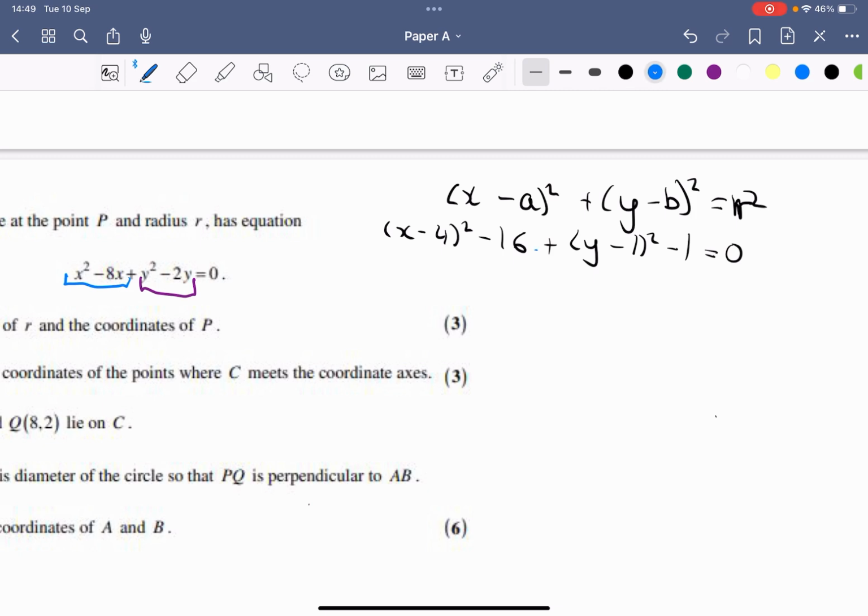So I'm just going to underline it to make it as clear as possible. So the underlined bits are all equal to each other. So the blues are both equal and the purples are both equal.